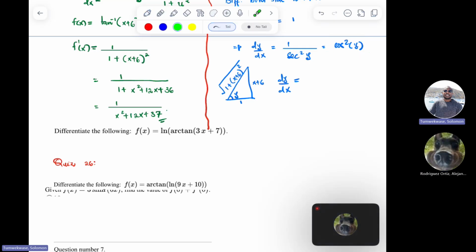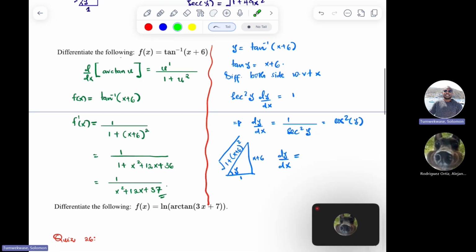cos squared y, but cosine is the same as adjacent over the hypotenuse.